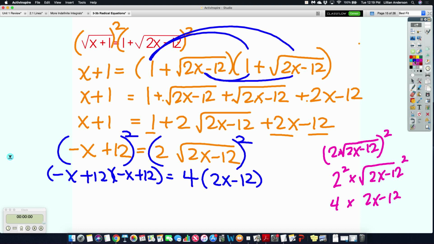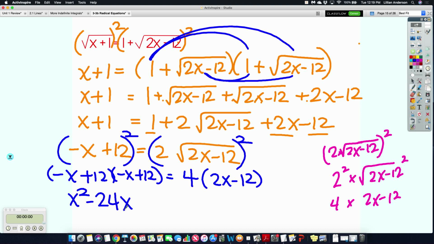Whew! Lord mercy. Negative x times negative x is x squared. I have a negative x times 12, which is a negative 12x. When I do the inner, I have another negative 12x, which makes negative 24x.